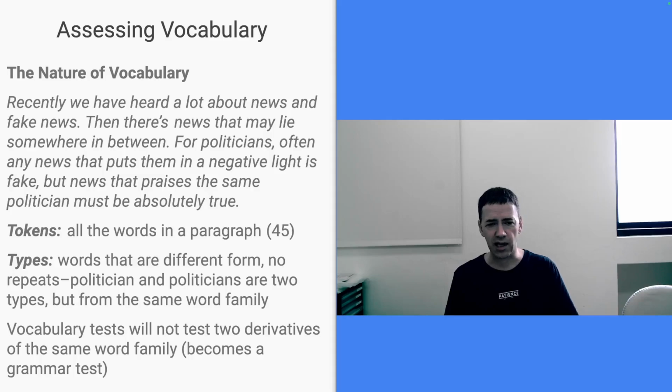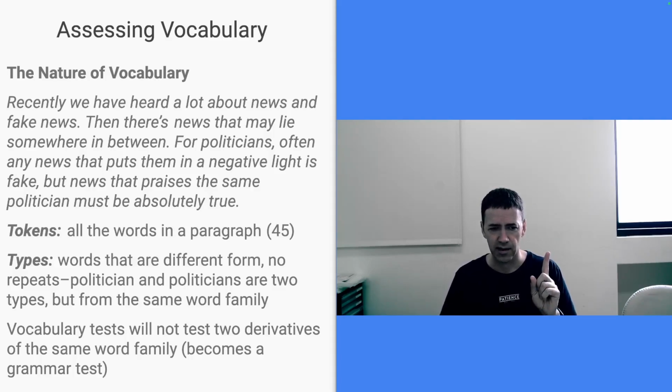But when we look at types, these are words that are different in form, no repeats. So first of all, we can see the word news. 1, 2, 3, 4, 5, if I've counted correctly. We won't count the same word 5 times. So news would only be counted once.